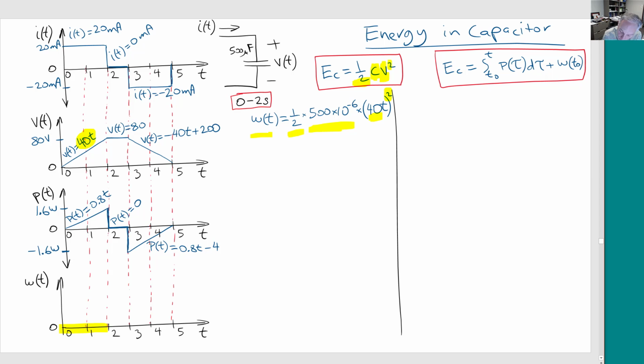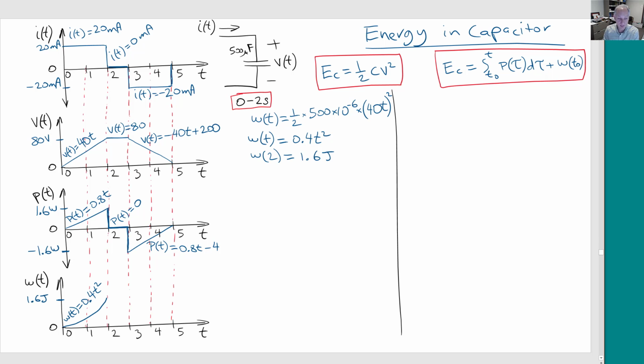So don't forget that square, so that has to be squared. 1/2 CV squared. Fairly straightforward. And then we calculate it out, and the energy is 0.4t squared. So it's pretty easy to square a function, so I like this method a lot.